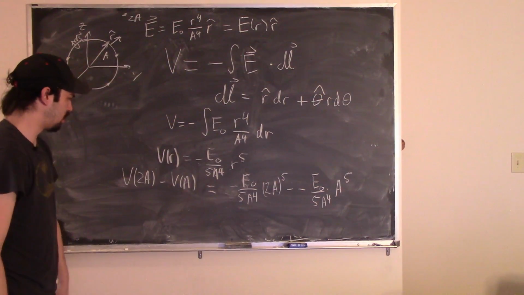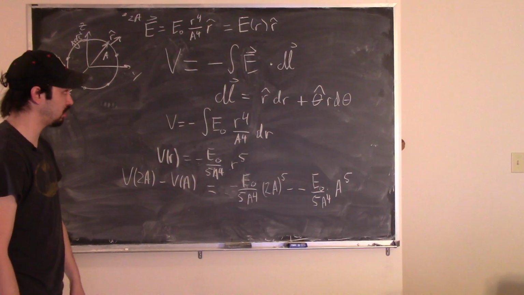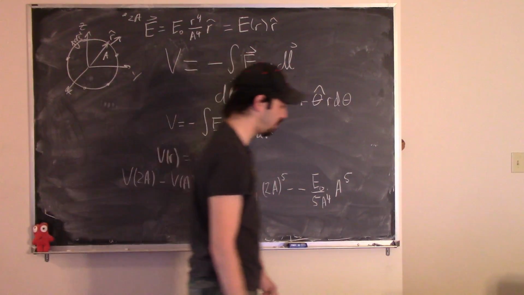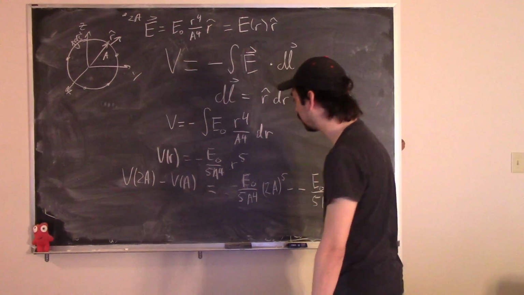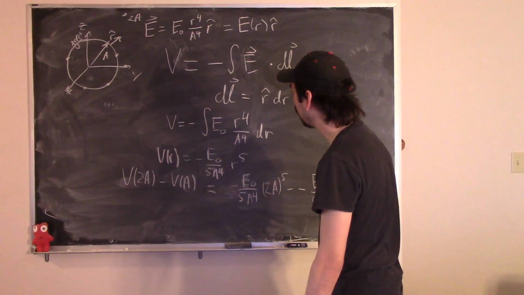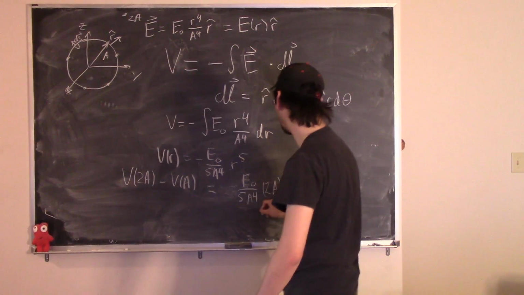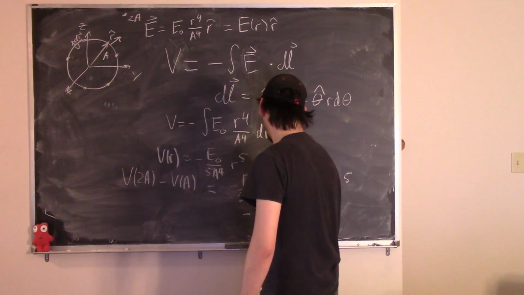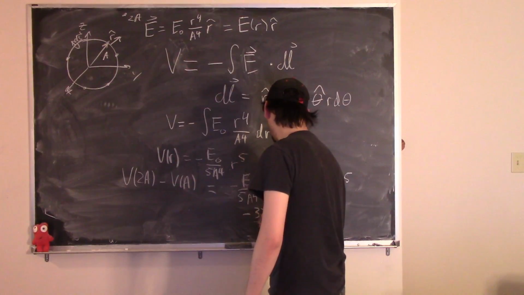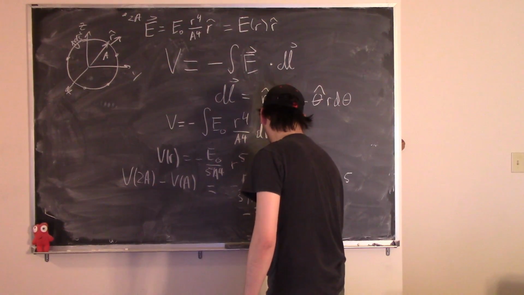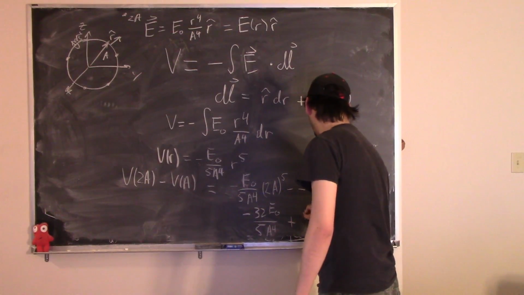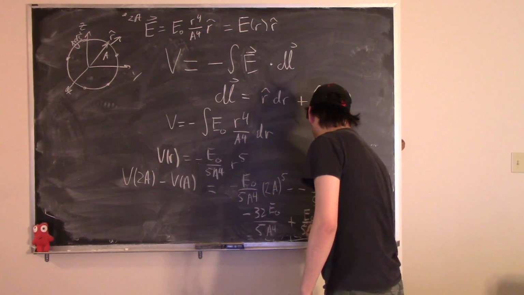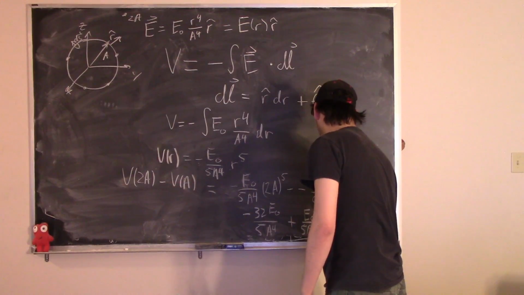Okay, and so 2 cubed is 8, 2 to the fourth is 16, 2 to the fifth is 32, and so this is minus 32 E0 divided by 5 a to the fourth, plus E0 divided by 5 a to the fourth times a to the fifth.